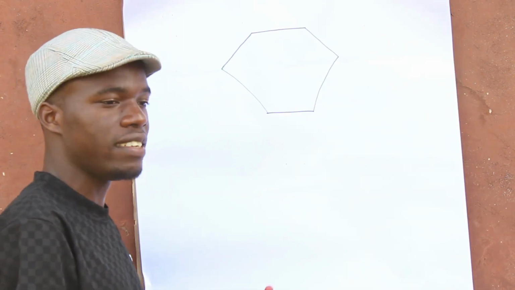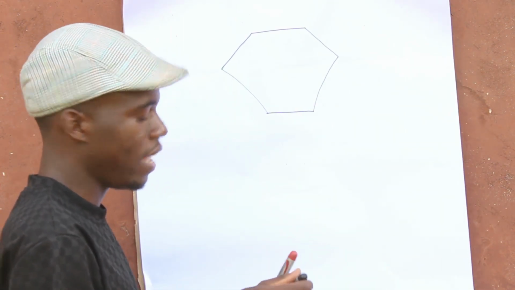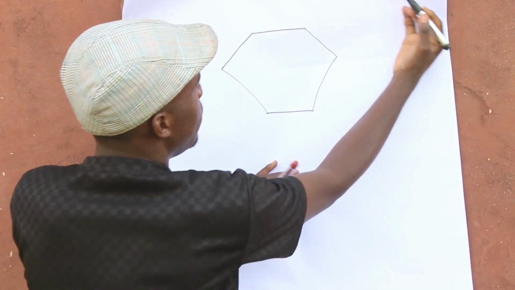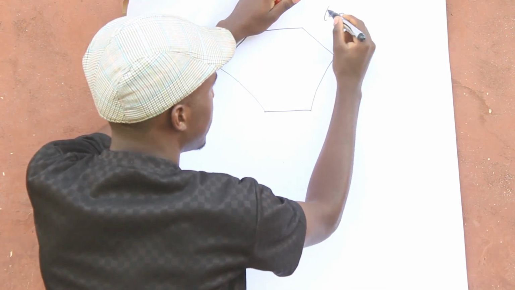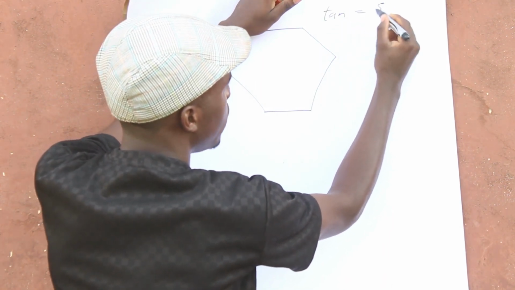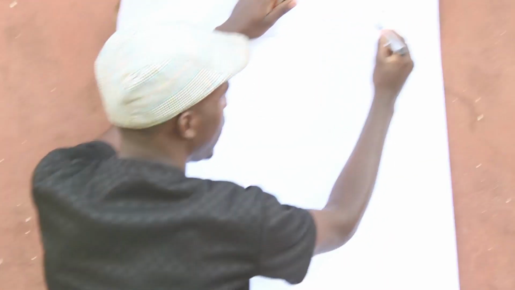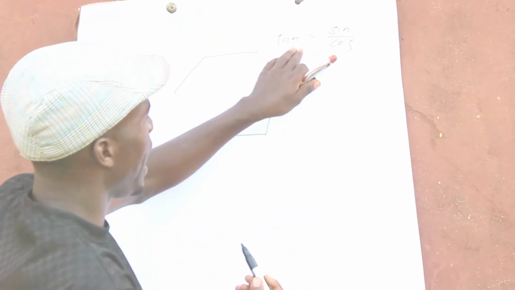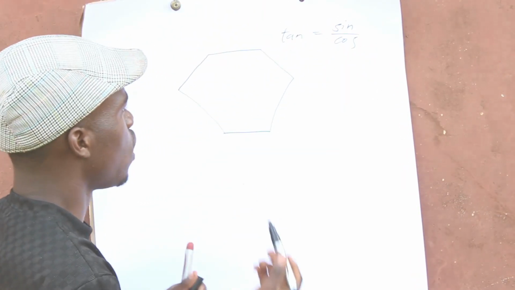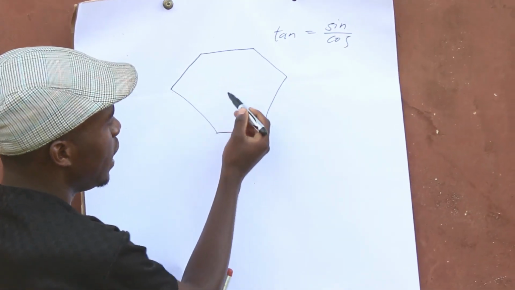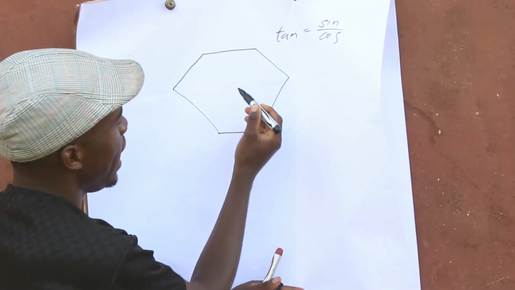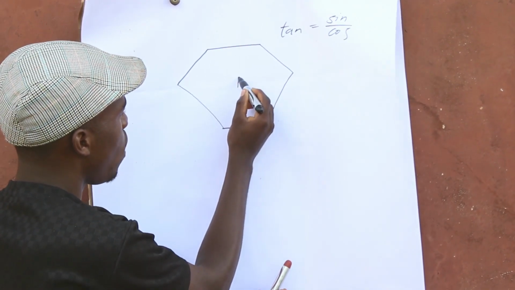All you need to know is one formula, which is the first formula. This is the formula which you need to know: tan is equal to sine over cos. So tan is equal to sine divided by cos. Then at the middle of the hexagon, you write a 1.